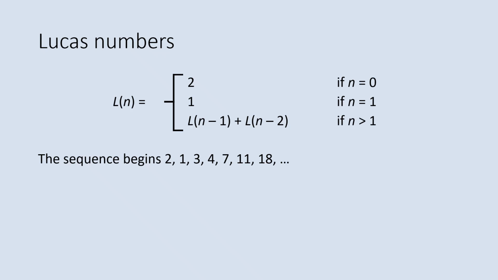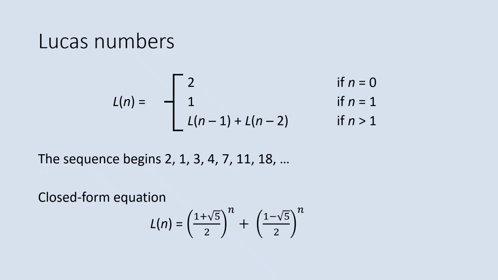Turns out this sequence also has a closed form equation that will describe its values. And in this case, we're again seeing the golden ratio in there, but we don't have that dividing by the square root of 5. And so this particular starting point has a close connection to the Fibonacci numbers, which is the reason that particular starting point has a name like this.